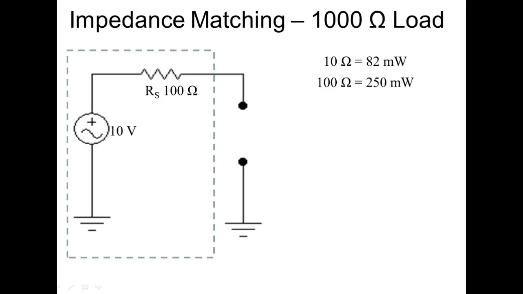Okay. So it looks like if you said 10, you were wrong, right? So what we're going to do now is slap the 1,000 in there. So we're going to have 1,000 divided by 1,100.